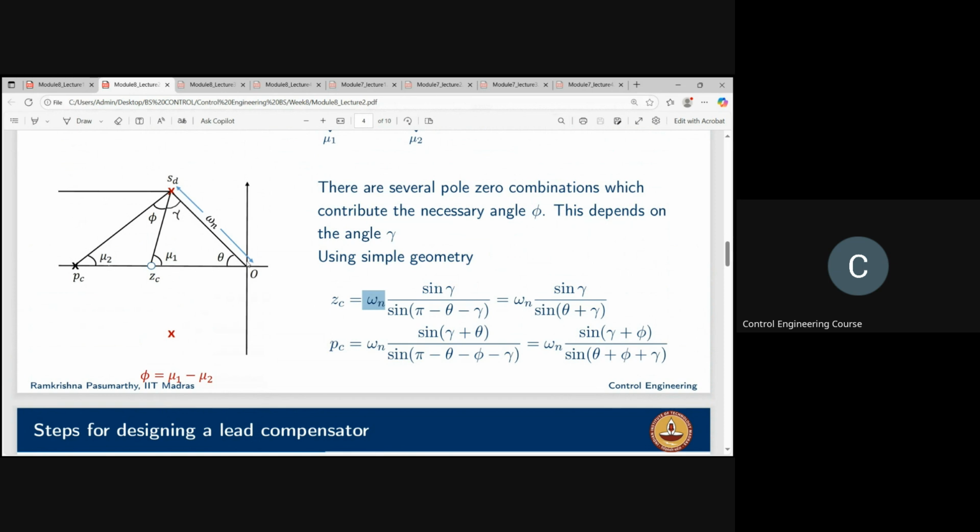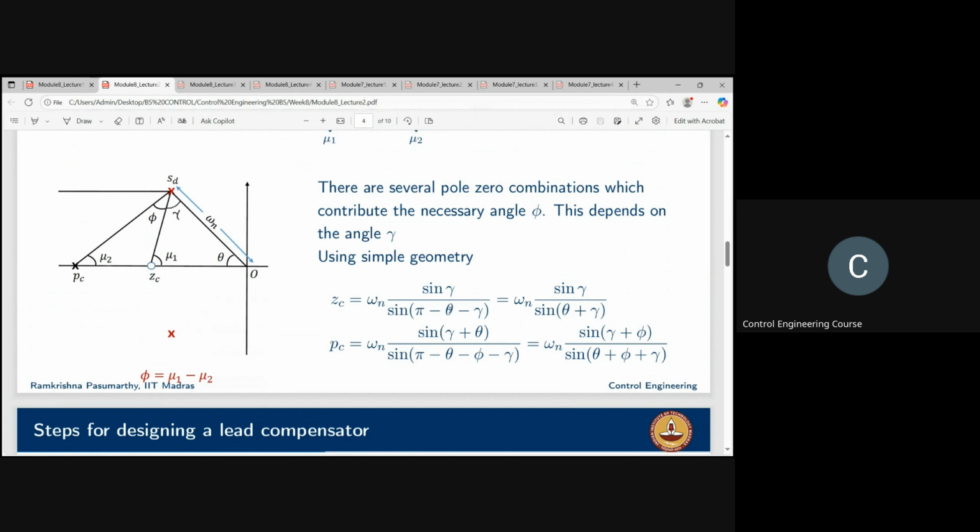And then if you apply the sine rule for a triangle, you'll get sine gamma by sine of pi minus theta minus gamma. Pi minus theta minus gamma is basically mu1, correct? So sine gamma by sine mu1, okay?